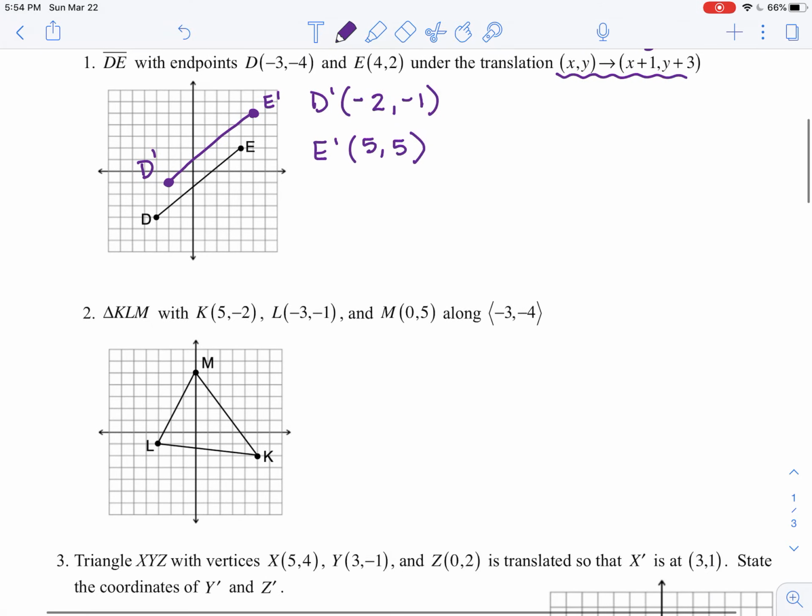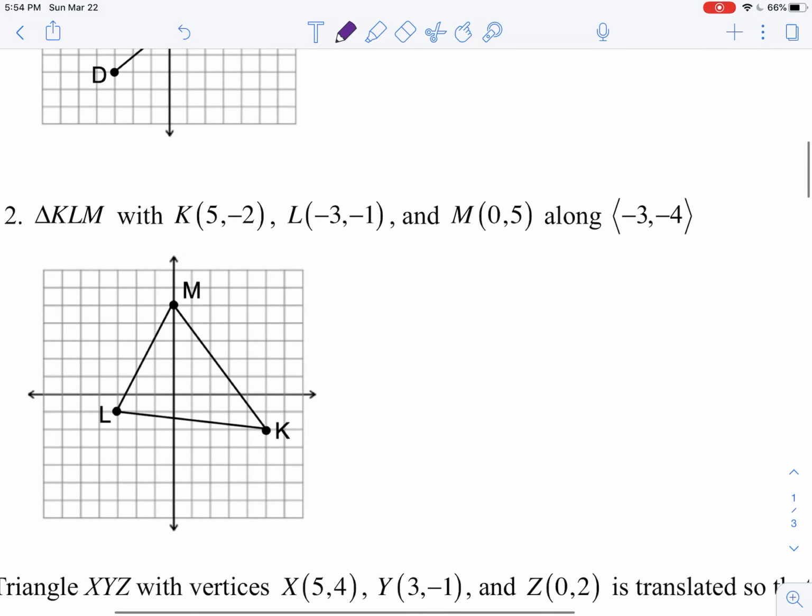In question number 2, we're given triangle KLM and asked to move the triangle along the vector -3, -4. This time, that means that we're going to take our graph and move each of the points left 3 and down 4 spaces. So instead of using the graph, we can also do this algebraically.